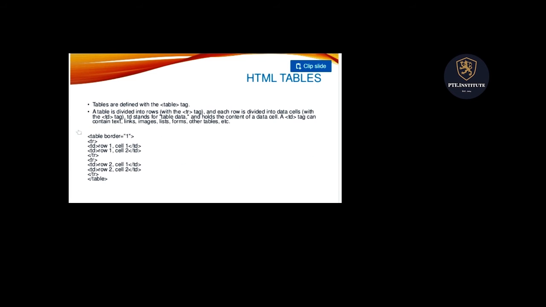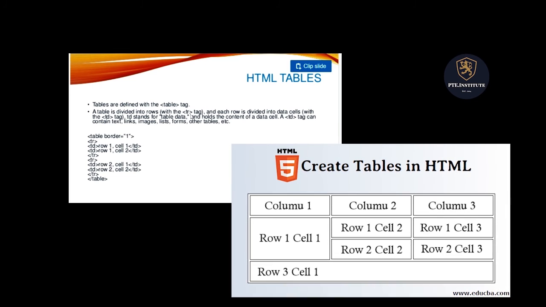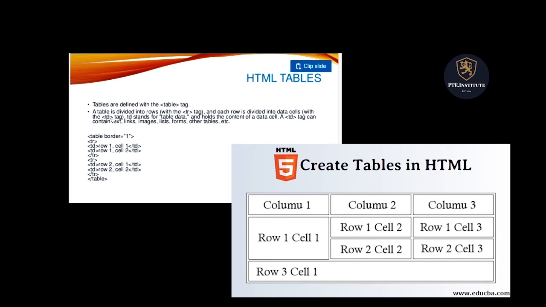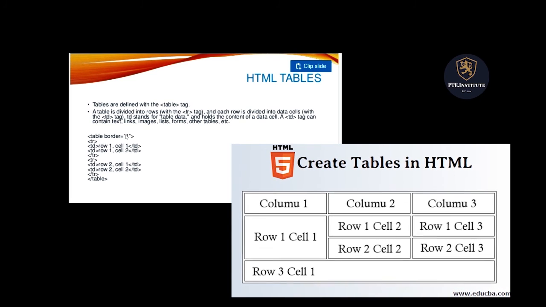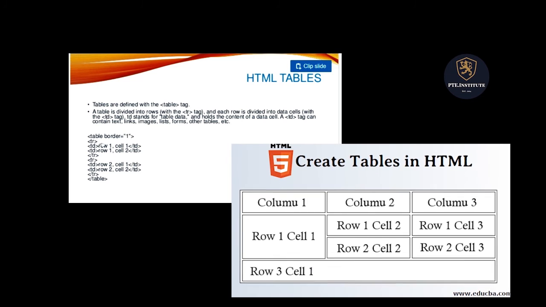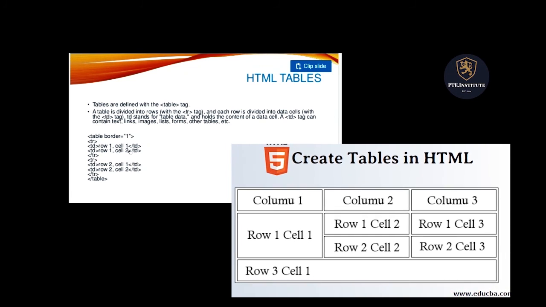Tables are defined with the table tag. In HTML, we define tables with the TR tags. The browser will display the table with border 1, which is the thickness of the border lines. Then TR is the row, TD is row 1 cell 1, TD row 1 cell 2.